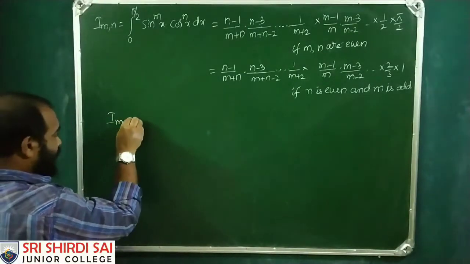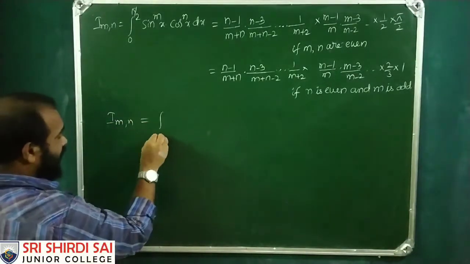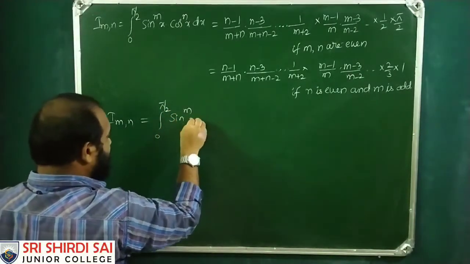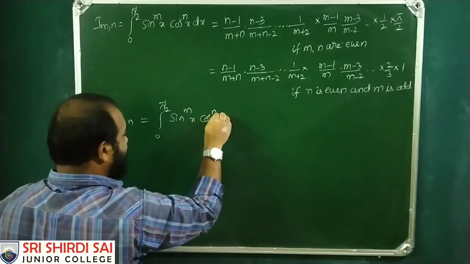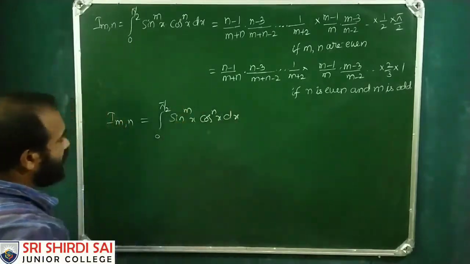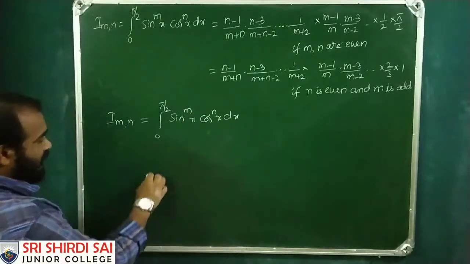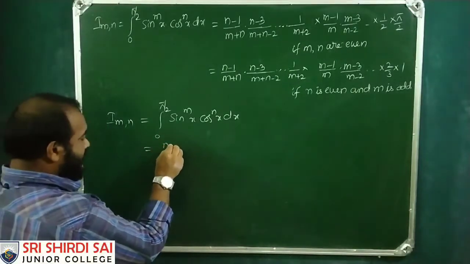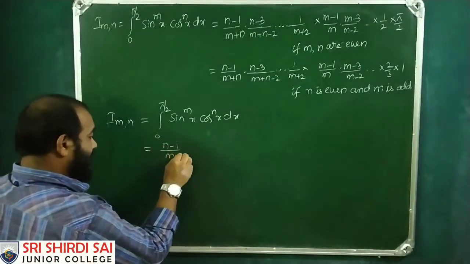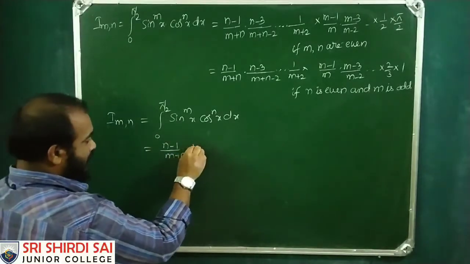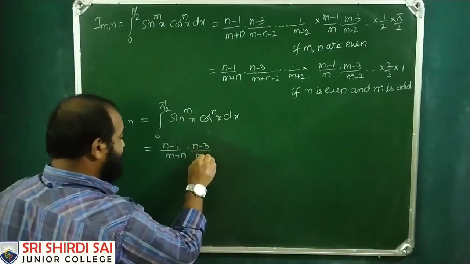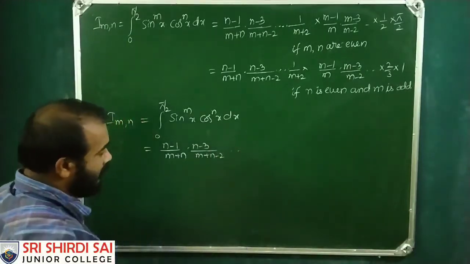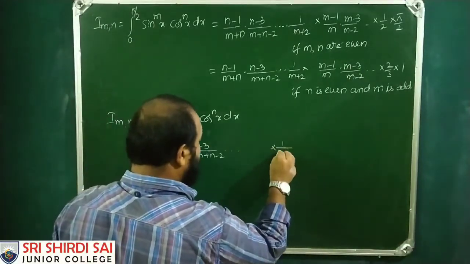I(m,n) is equal to integral 0 to pi by 2 sin power m x into cos power n x dx, which is equal to (n minus 1) by (m plus n), (n minus 3) by (m plus n minus 2), etcetera, into 1 by (m plus 1).